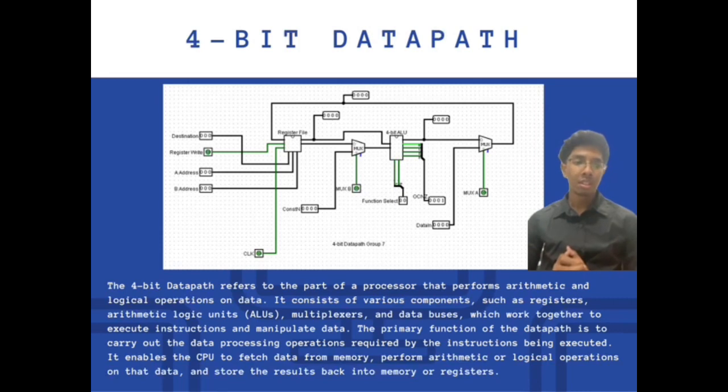The primary function of the data path is to carry out data processing operations required by the instructions being executed. It enables the CPU to fetch the data from memory, perform arithmetic or logical operations on the data, and store the results back into memory or registers.